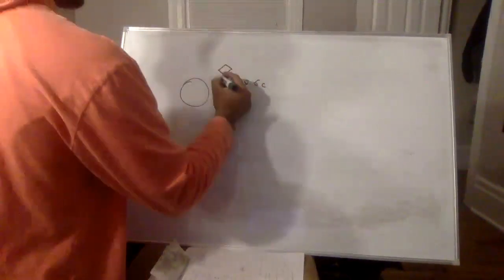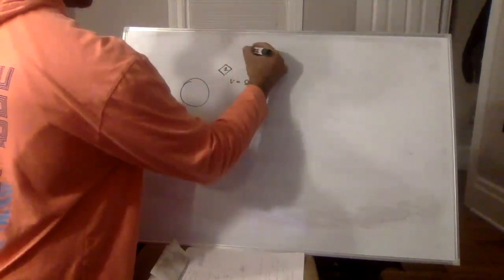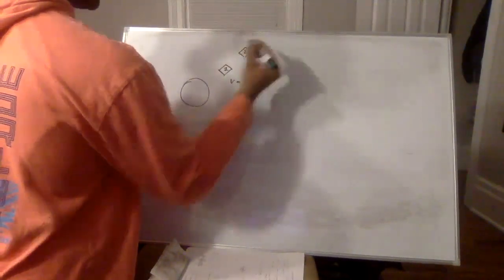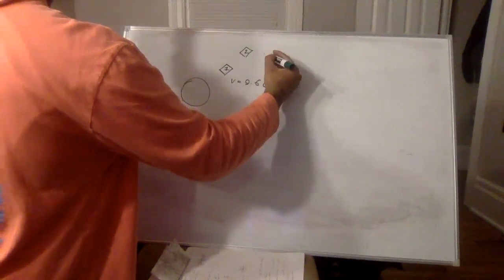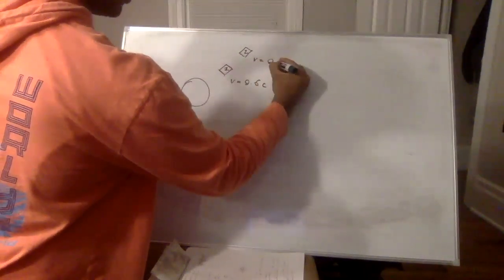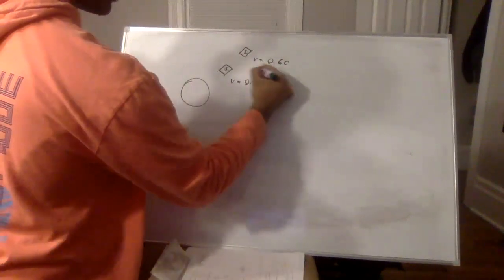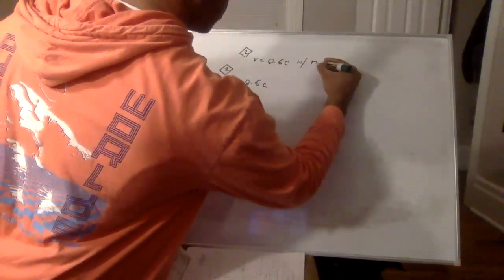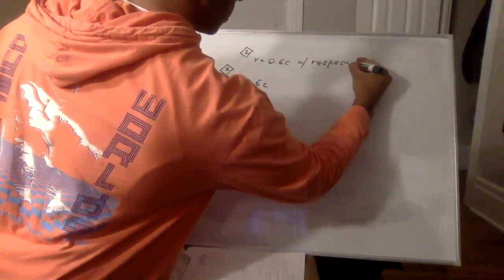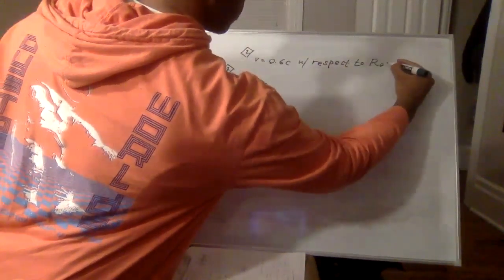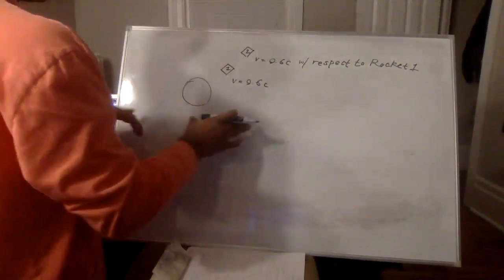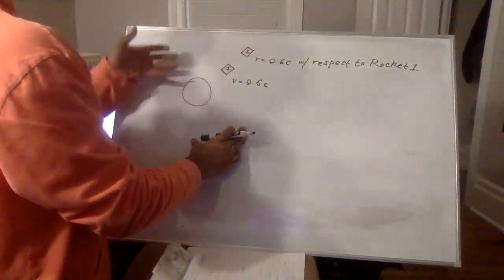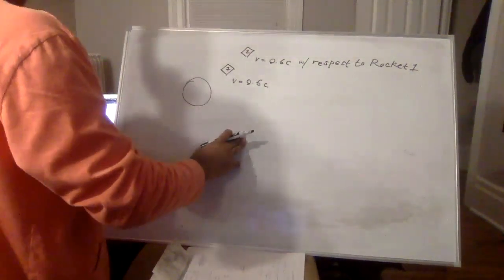At a certain point, rocket 1 releases another rocket called rocket 2, that's traveling at a speed of 0.6c with respect to rocket 1. How do we use the formulas I just went over to figure out the speed of rocket 2 with respect to Earth?